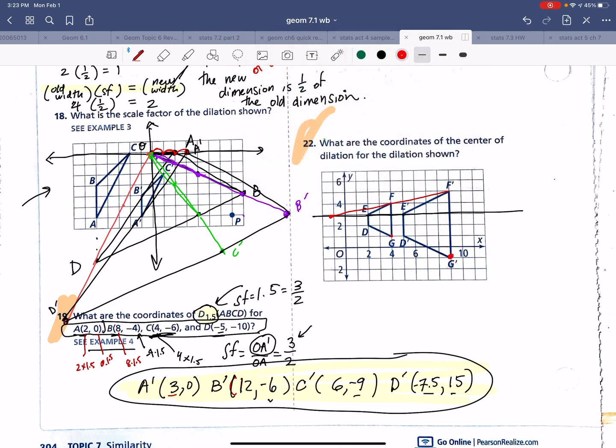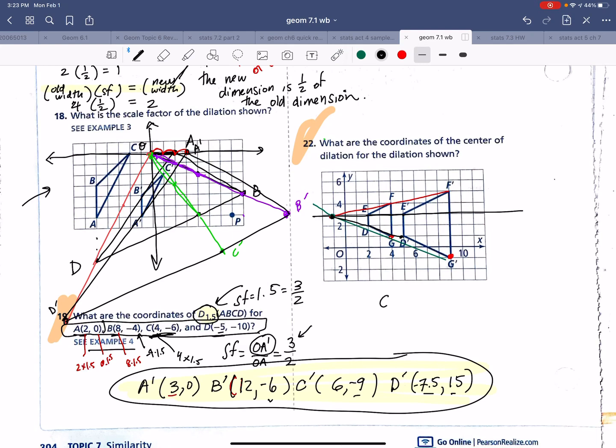To get from G prime to G, I went back 5, 6, so back 5 to 6. So I'm locking in on this coordinate right there. That seems to be my center of dilation here. I go through that line. Yep. So what is my center of dilation?